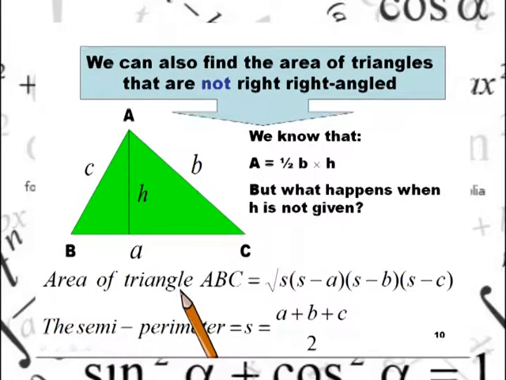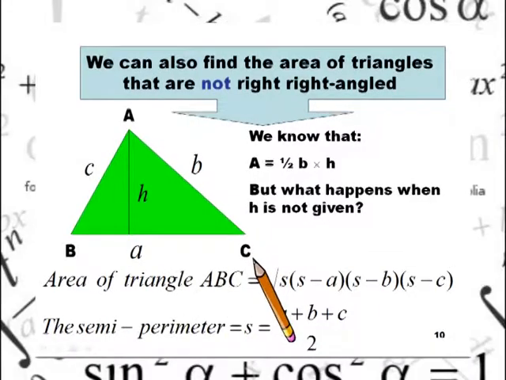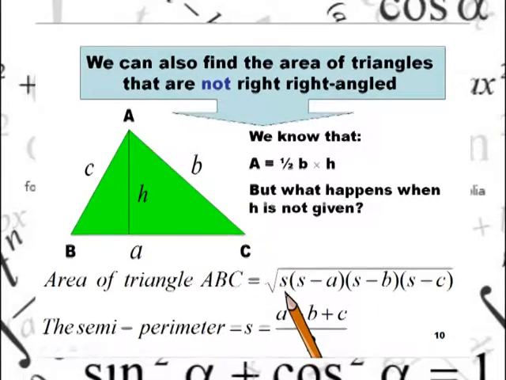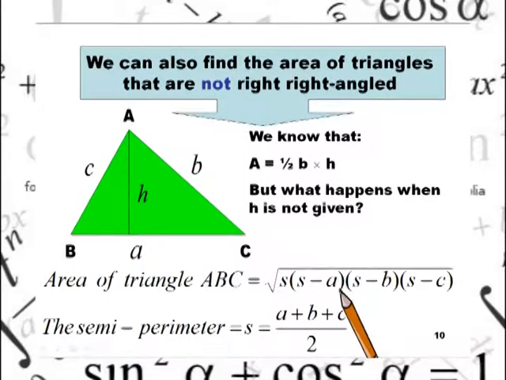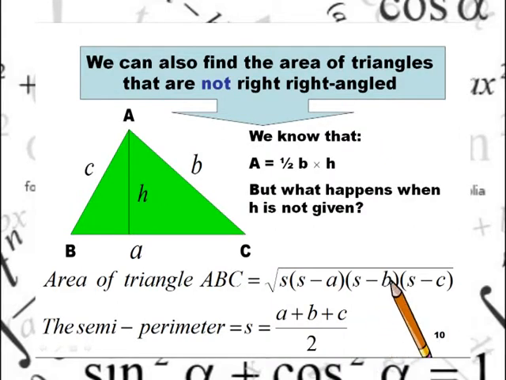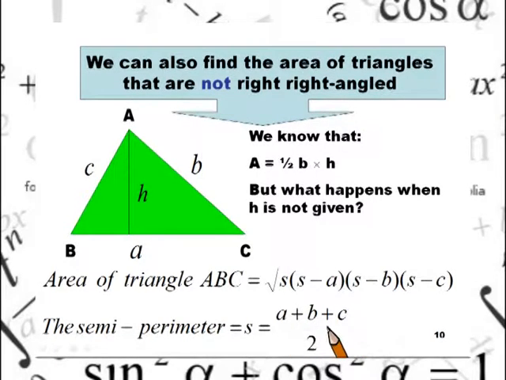Area of triangle ABC equals the square root of S into S take A by S take B into S take C, where S is the semi-perimeter, and that is equal to A plus B plus C divided by 2.